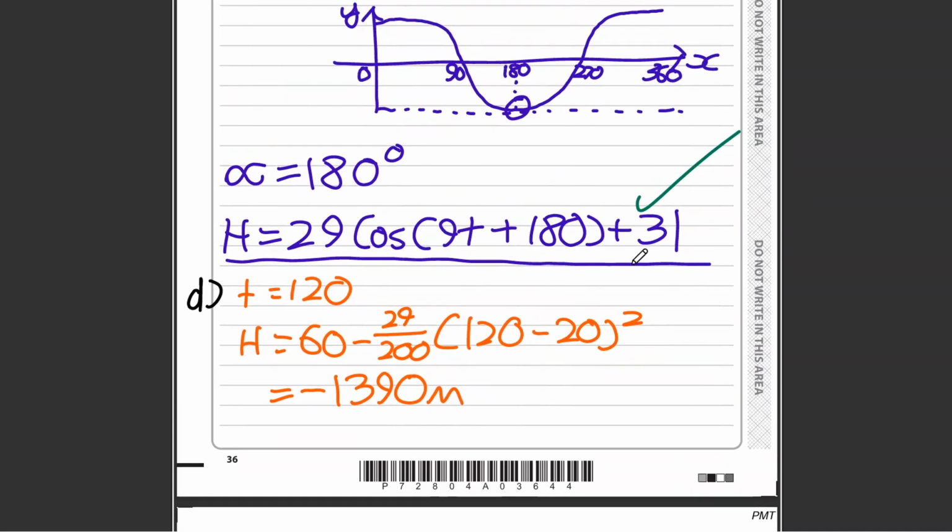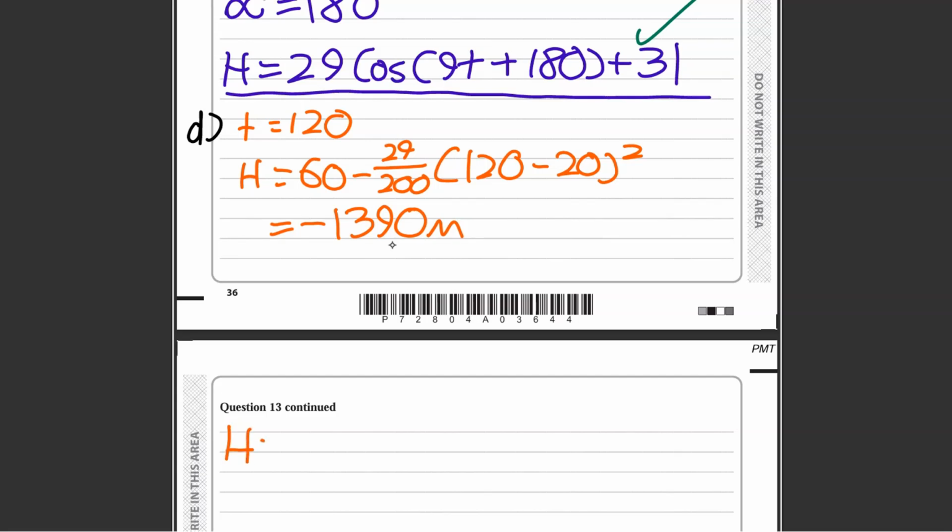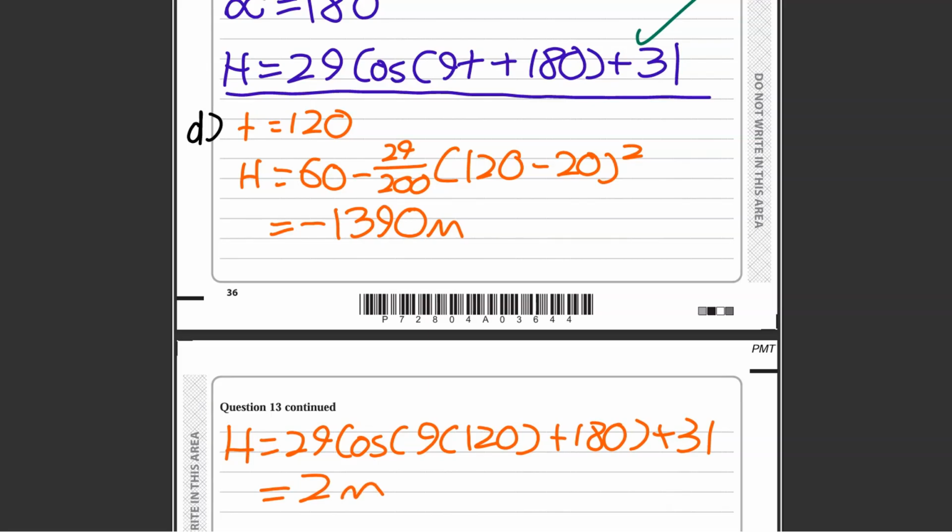However, if you consider this second alternative model here that we figured out in part C, so it's going to be h is equal to 29 cos of 9, and instead of t it's 120 plus 180 plus 31. If you put this into your calculator, this is equal to 2 meters.